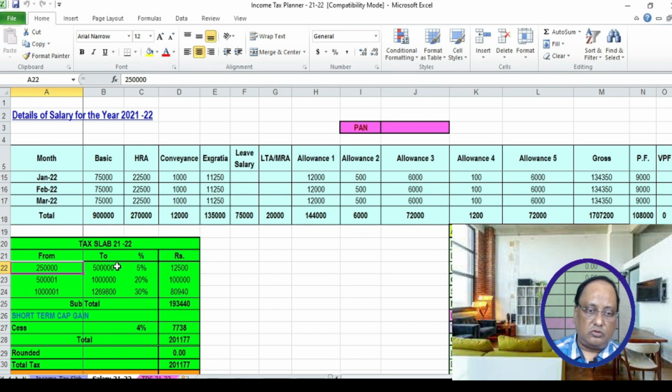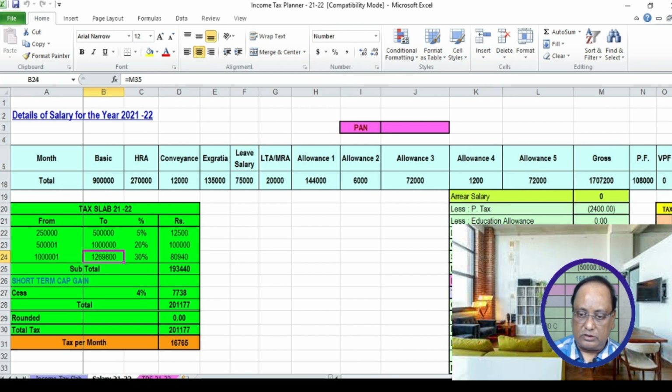2,50,000 to 5 lakhs, 5%, that is 12,500. 5 lakhs to 10 lakhs, 20%, that is 1 lakh rupees. 10 lakh and the rest, that is your total income of 12,69,800. So the rest is this one.